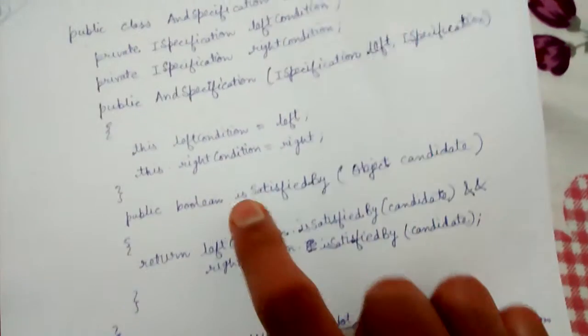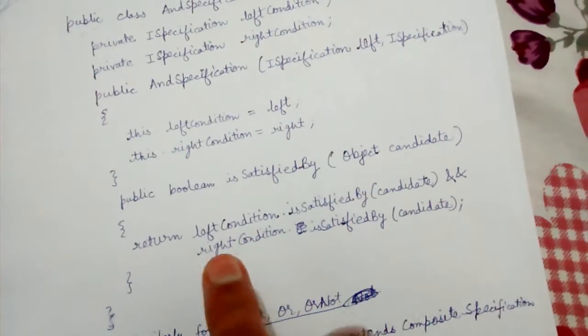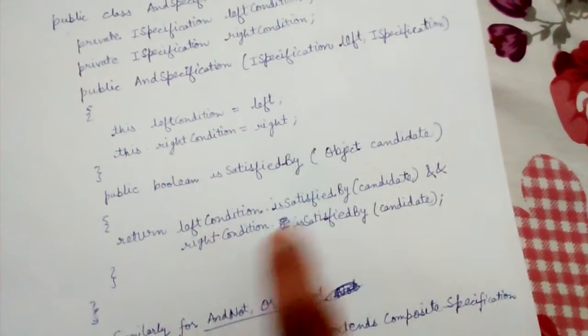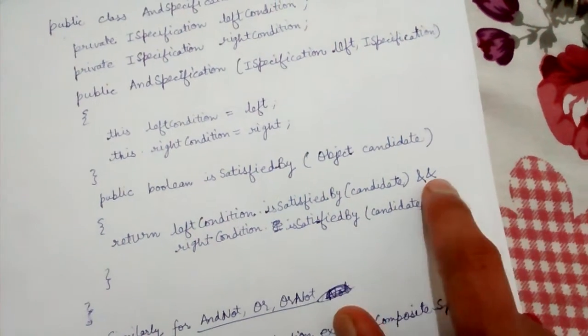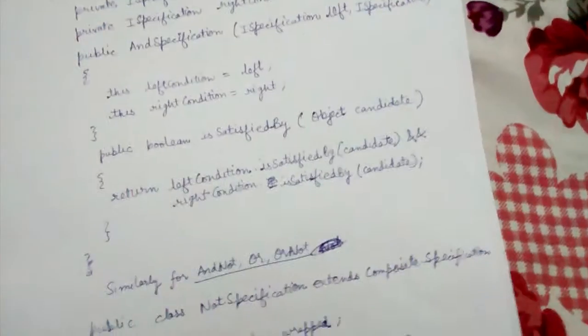So these two are initialized, and look at its boolean isSatisfiedBy method carefully. It will return leftCondition.isSatisfiedBy and rightCondition.isSatisfiedBy. So if both of them return true, then only it will be returning true.